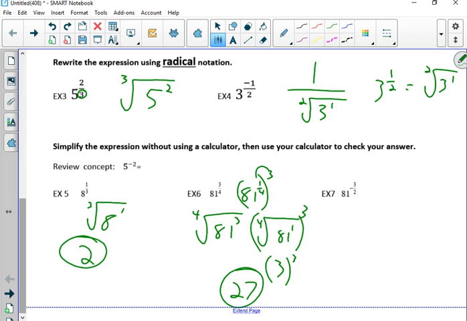Let's try it again. So as soon as we see this negative here, we know it's going to be on the bottom. So then we do 81 to the 3 halves. Okay? But again, we can also write it this way, which will make it easier for us.